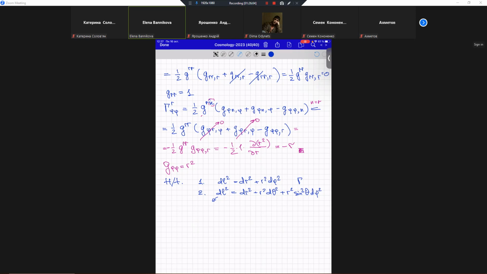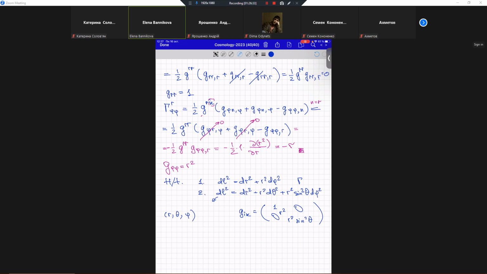For this, g_ik is 1, r square, r square sine square theta, and all non-diagonal elements are 0, with corresponding coordinates r, theta, phi. So this is the spherical coordinate system.